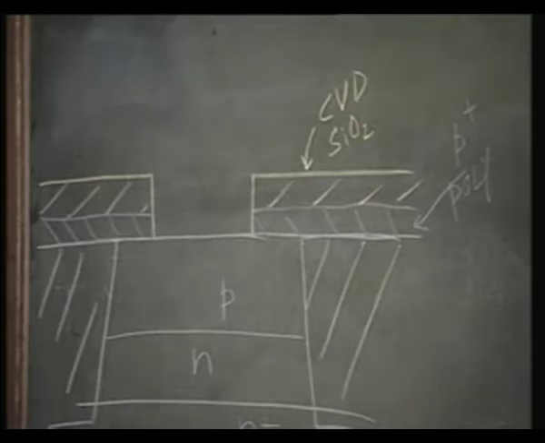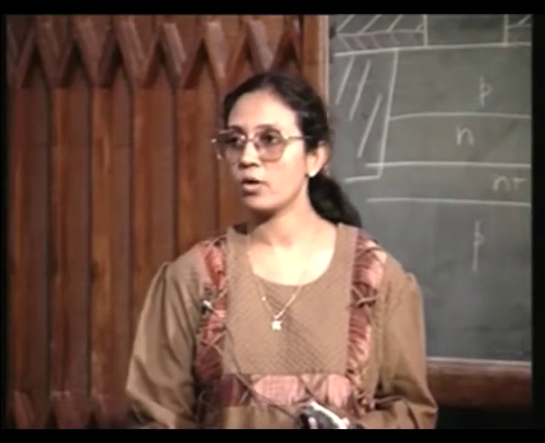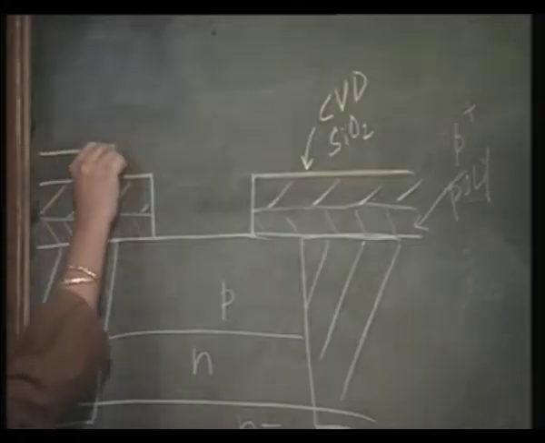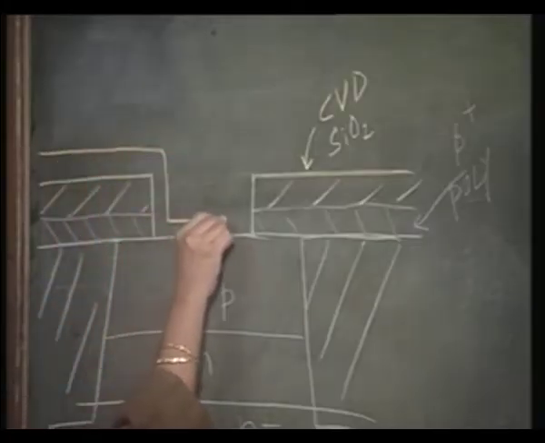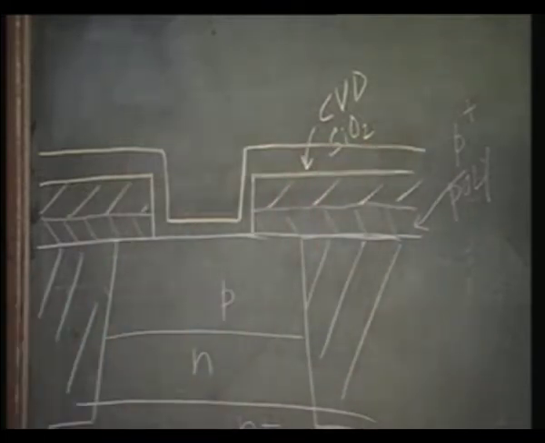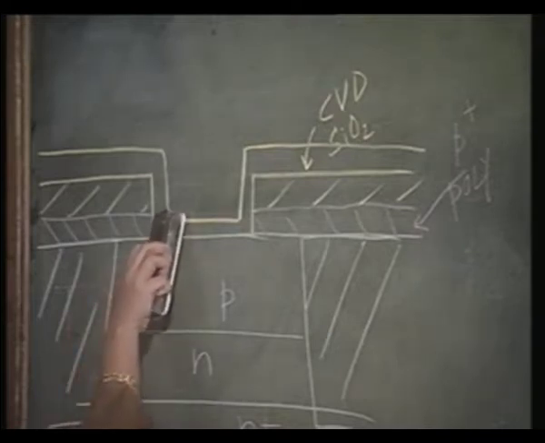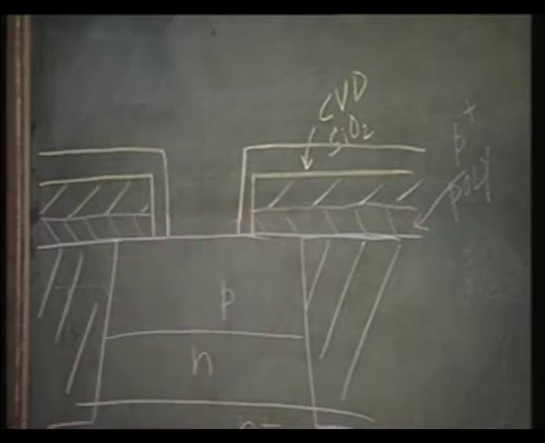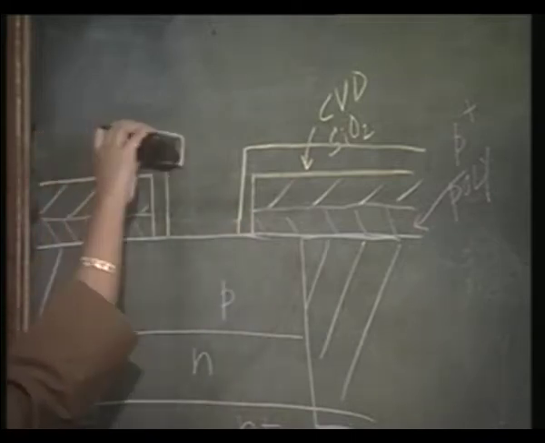I should deposit a second layer of CVD SiO2. And I do an anisotropic etching to partially remove the CVD SiO2 layer. So, what do I have? I want to remove it from here. However, the side walls are retained and I remove it from here.